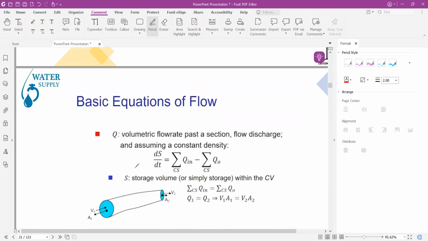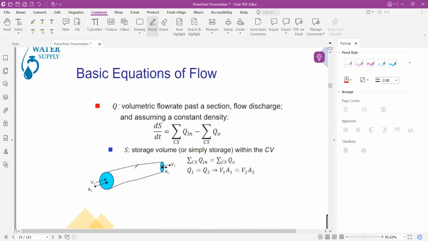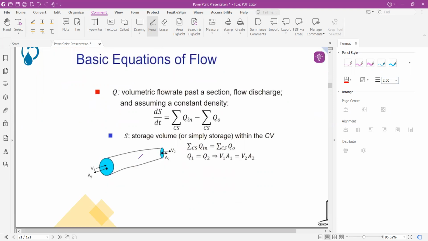The basic philosophy behind the design of a water supply system is based on the continuity equation, the energy equation, and the momentum equation. First of all, we will discuss the continuity equation.